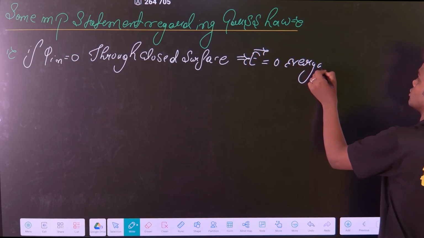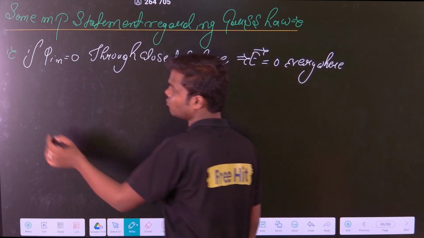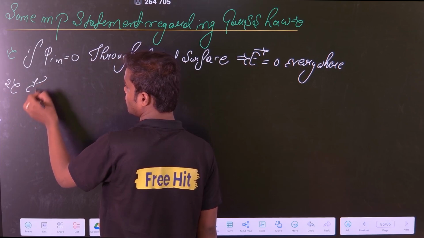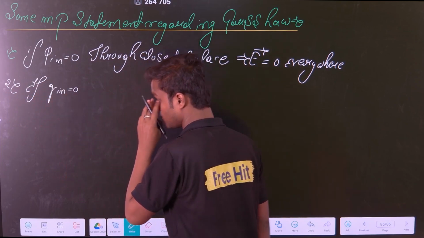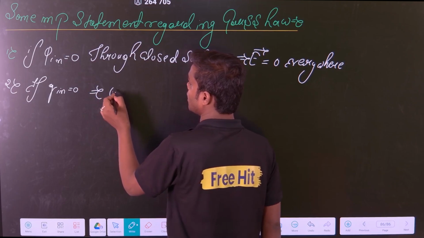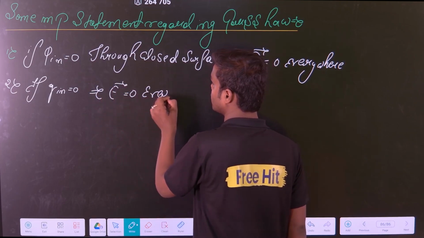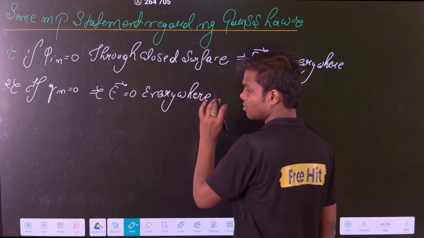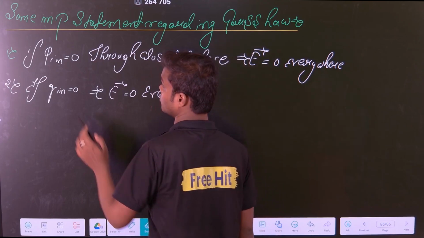Is it true or false? You have to tell me whether it is true. Everyone write in their copy whether it is true or false. We will discuss. Second statement: if my Q in is equal to 0, it implies that electric field is 0 everywhere. Otherwise it will be the same statement. Let's do one small.